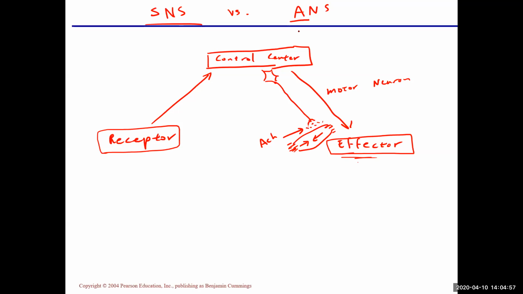What I drew over here was an idea of the somatic nervous system. Now I want to go over the autonomic nervous system. We're going to go back and forth and review the similarities and the differences between the two systems.